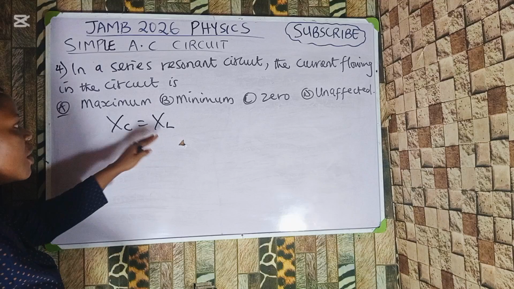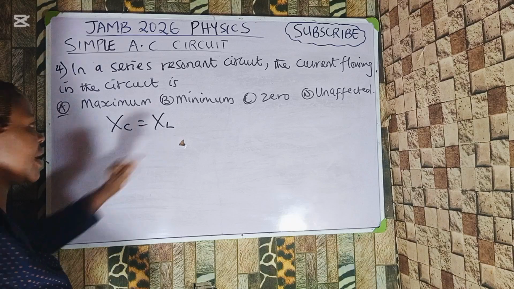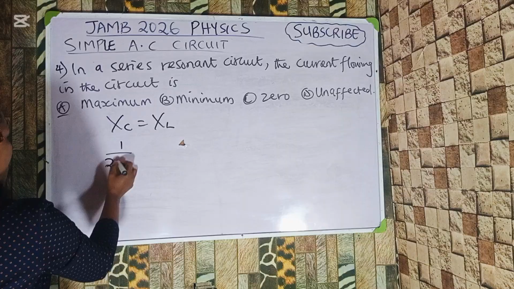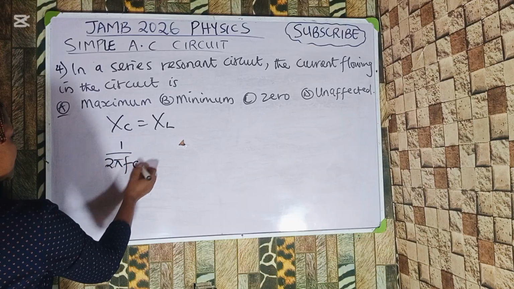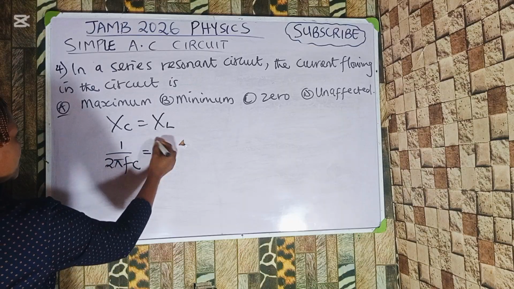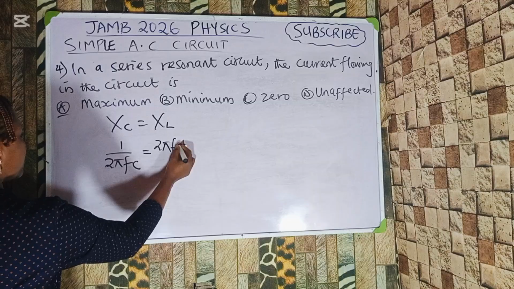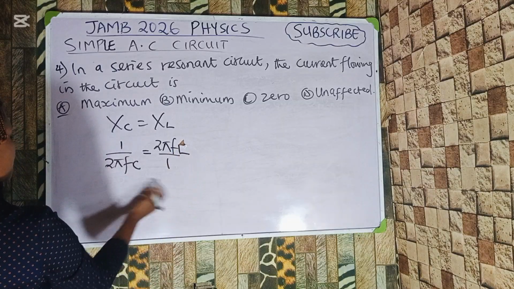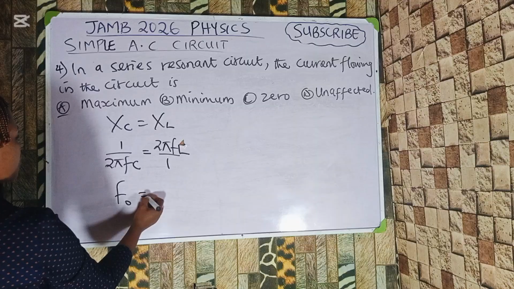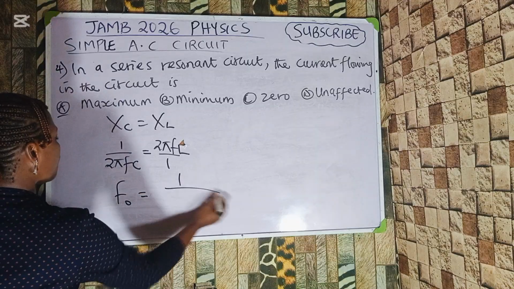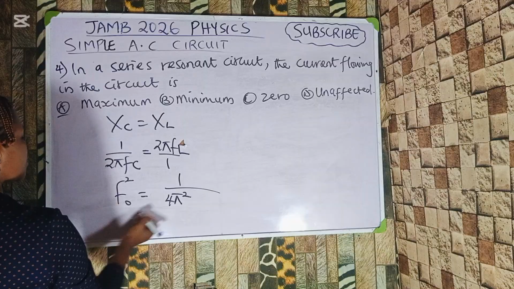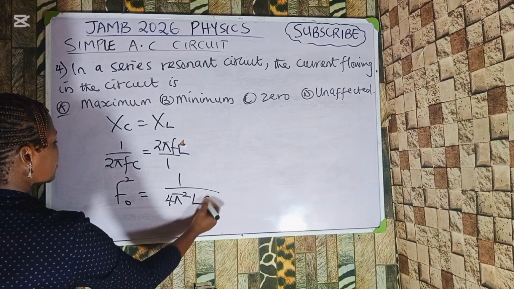At this point, we have to obtain the resonance frequency, right? By saying that XC is 1 over 2 pi f C, then this is equal to XL, which is 2 pi f L, right? If I cross multiply to make f the subject, f square is equal to 1 over 4 pi square LC, right?